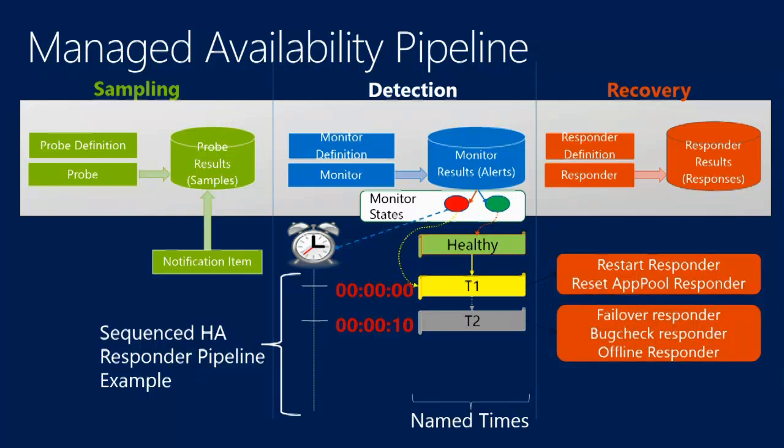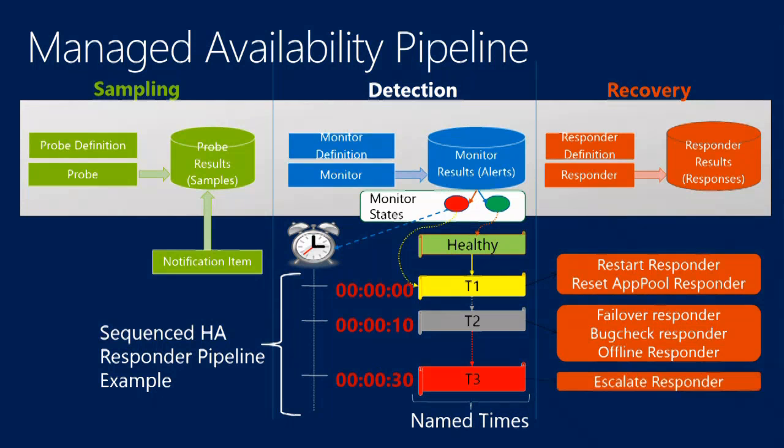Maybe in this case, it will try one of these other responders, fail the databases over, or bug check the server, or take the server offline because there's just no way to get it back into a production operation use. If the monitor state still stays red at that point, then it's going to go to its last time interval, T3, in which case things are unfixable in code. It's up to the escalate responder to notify the administrator through an event log that something needs to be fixed.